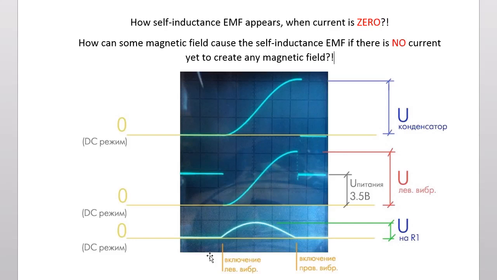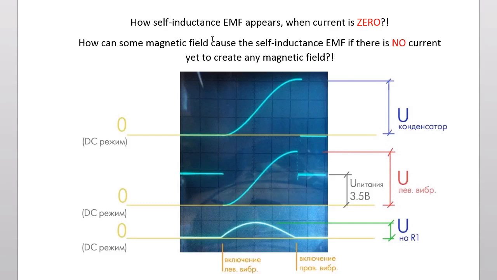But here you see the oscillograms of the experiment when self-inductance EMF is directly shown, and it appears when there is no current at all.